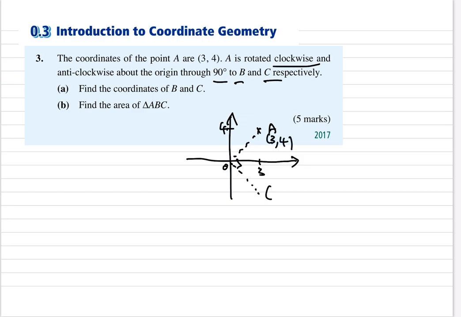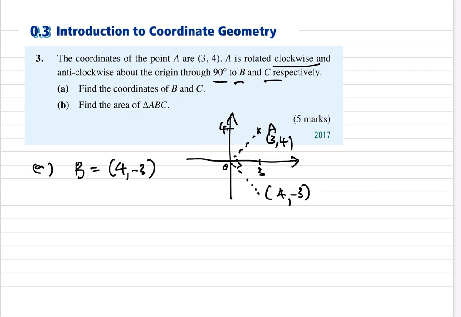If you want to find the coordinate of that, first of all, you write down 4 and 3. They must be interchanged. And then this is the fourth quadrant, that means the y coordinate will be negative. So the coordinate of B is 4 and -3.